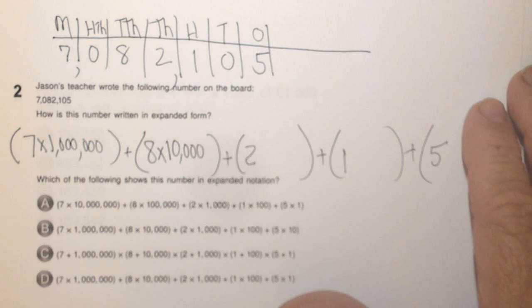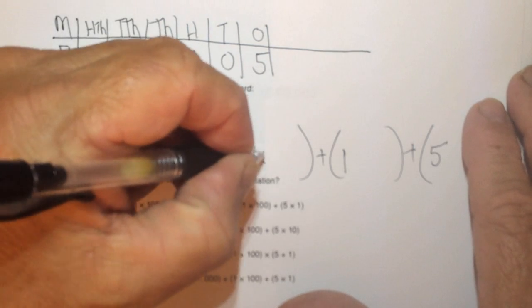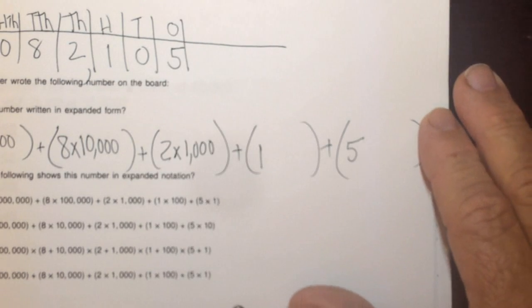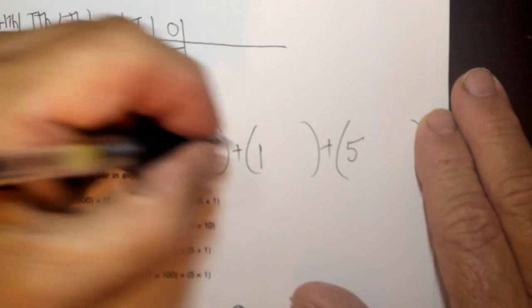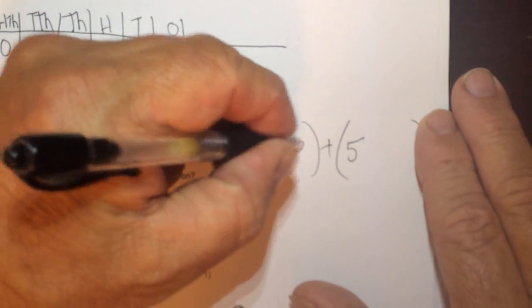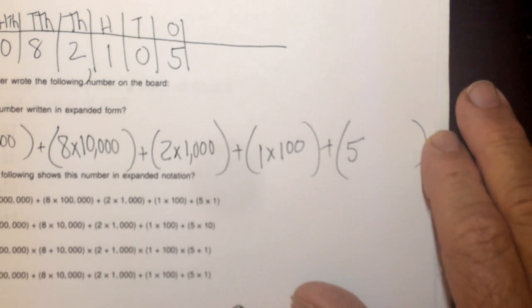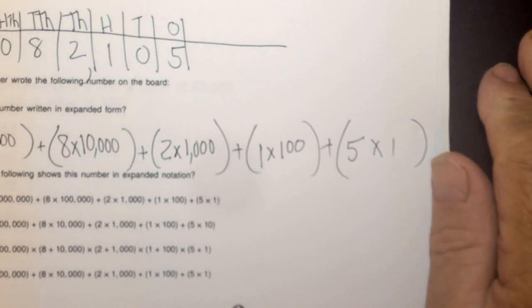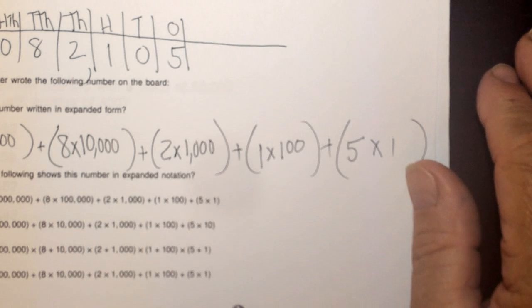The 2 is in the thousands place, so I multiply by 1,000. The 1 is in the hundreds place, so I multiply by 100. And the 5 is in the ones place, so I multiply by 1. And there it is. So now all I have to do again is compare until I get the right one.